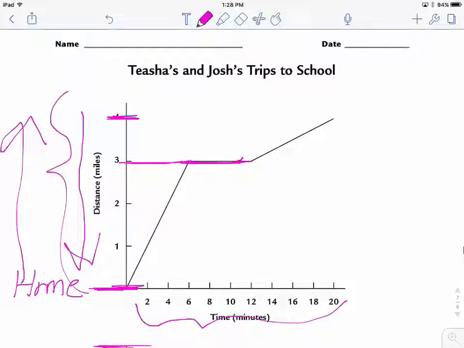It's not going any miles, so what's it doing, Alyssa? Yes, that means he's just stopped. Okay, so this one starts at mile 3 and ends at mile 4. So how many miles did it go? 1. Okay, so are any of these lines the right line? No. Okay, so we'll go down to the next one.